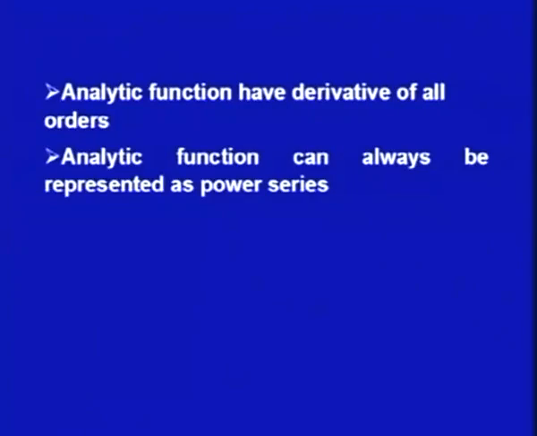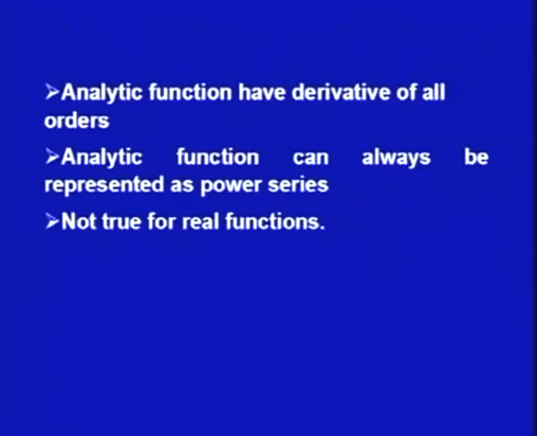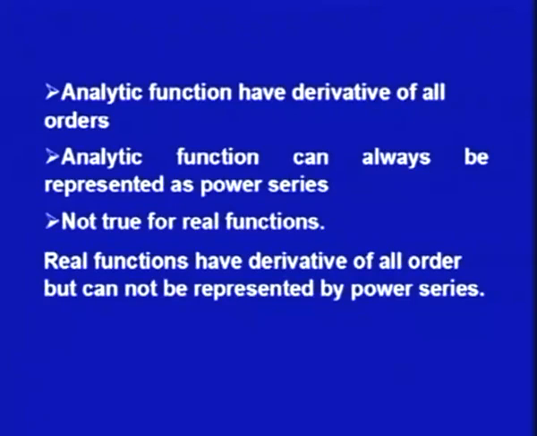Analytic function can always be represented as power series because they have derivatives of all orders, but this is not true for real functions. Real functions have derivatives of all orders, but cannot be represented by power series. So, that is the basic difference between function of a complex variable and function of a real variable.